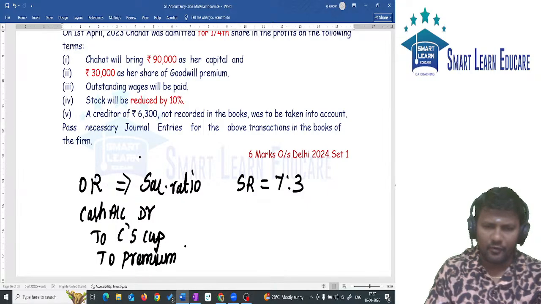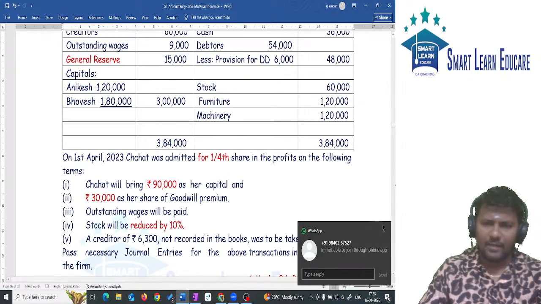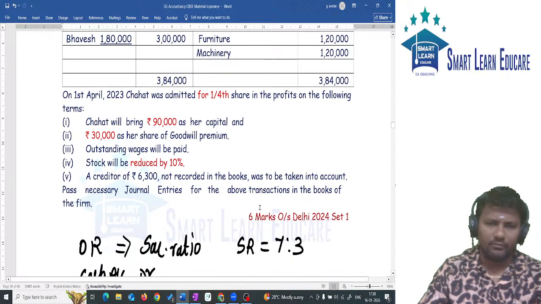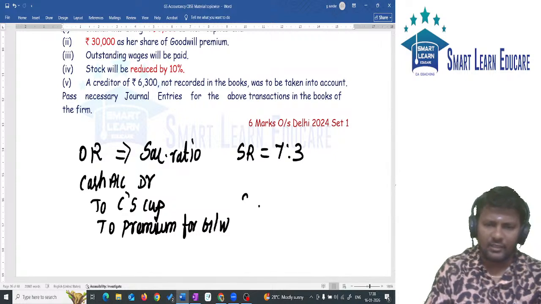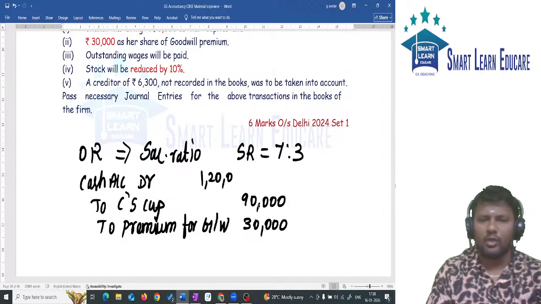Cash to C's capital, it is 90,000. And to premium for goodwill, he brings 30,000. But totally cash account should be debited with 1,20,000.